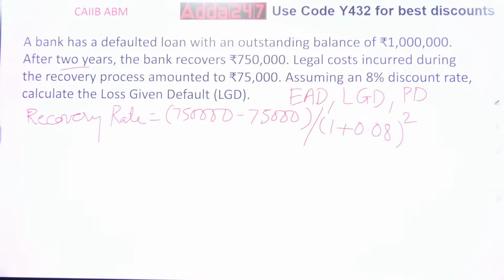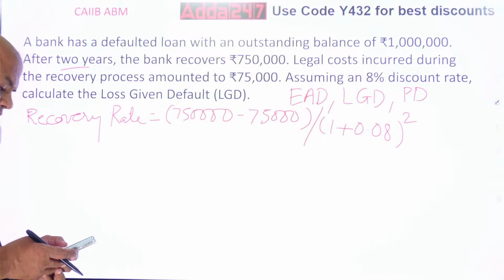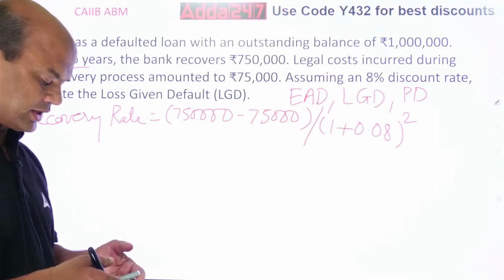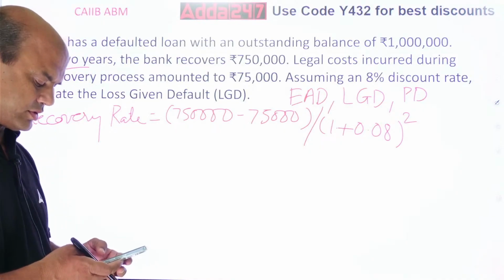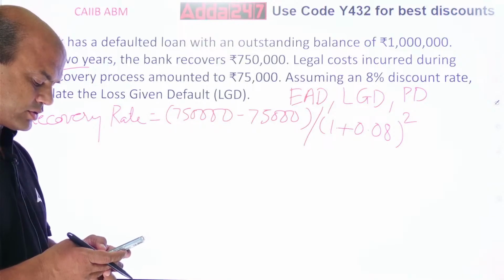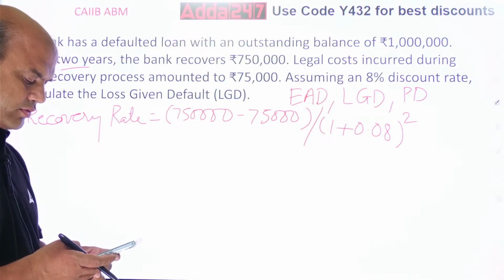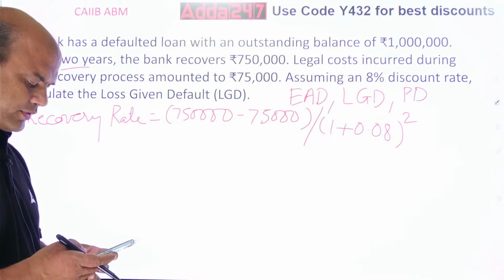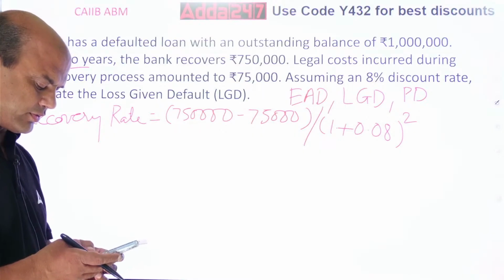So, what is the answer? Let me also try it. What is the answer you are getting? 7,50,000 minus 75,000.